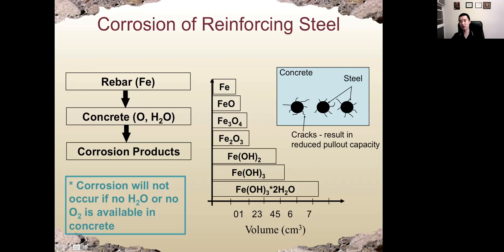That is the reason that when we have rust, the expansion in volume will cause the nearby concrete to crack. These are the cracks around steel reinforcement, and sometimes the concrete will also spall off. Again, corrosion will not occur if no water or no oxygen is available in concrete.